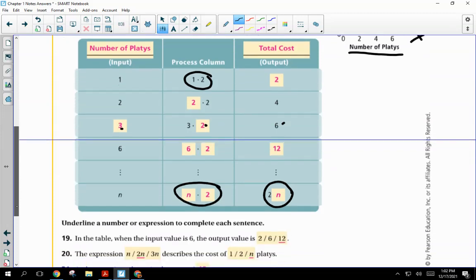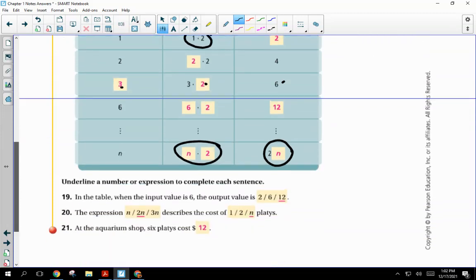The question down here says, underline a number or expression to complete each sentence. In the table, when the input value is 6, the output value is what? Well, you could just put that in here, 2n. Put a 6 in here, and you get 12. The expression 2n describes the cost of n platies.